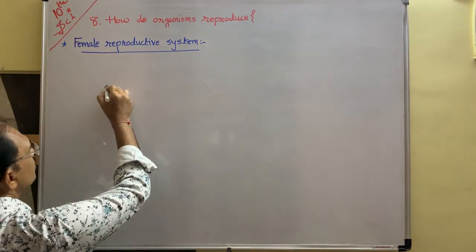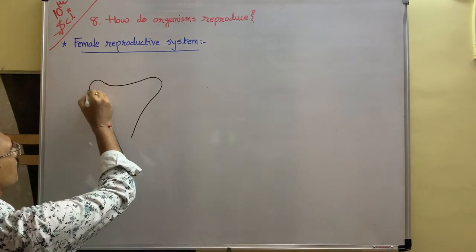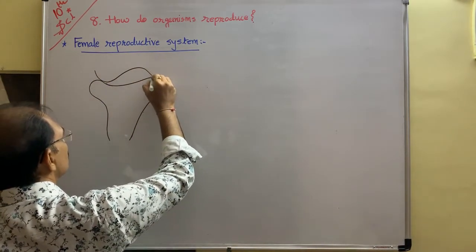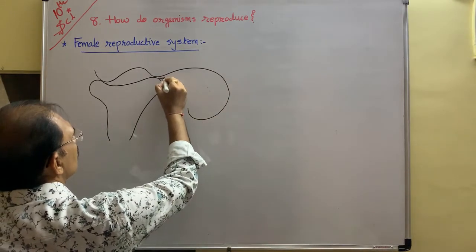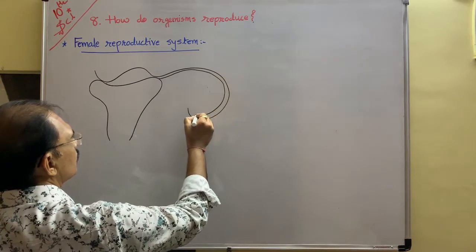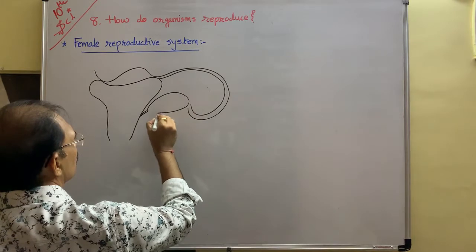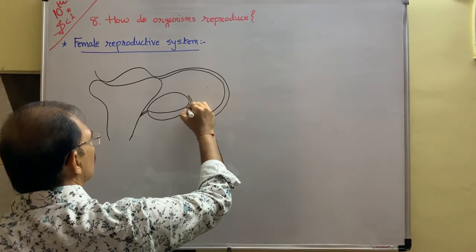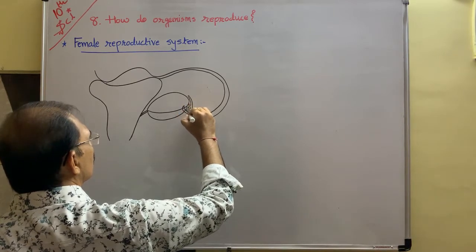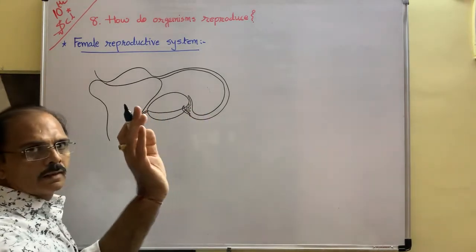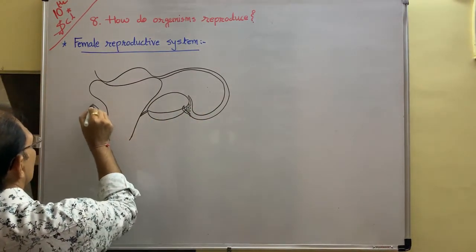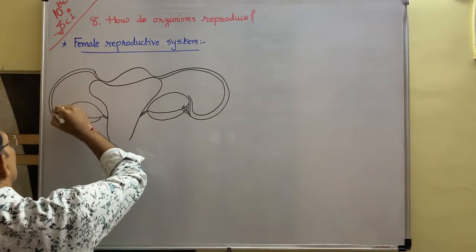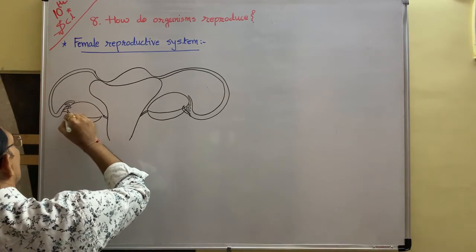See, this is your uterus, right? I draw only the right side; the left side is also the same as this one. Okay?